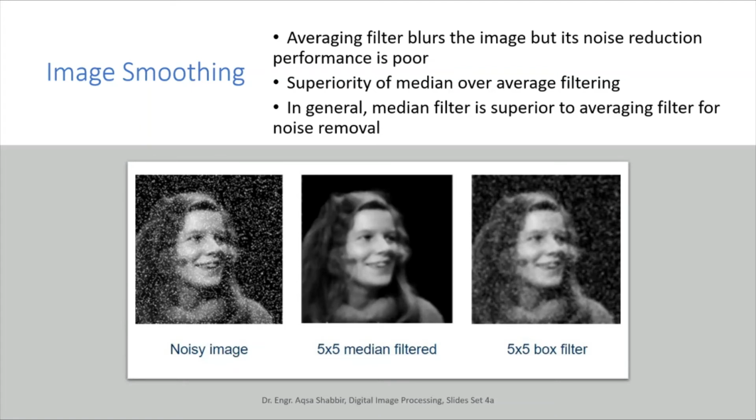You should be able to observe that while the box filtered image or the averaging filtered image is an improvement over the noisy image, nevertheless the median filtered image is superior to the averaging filtered image.